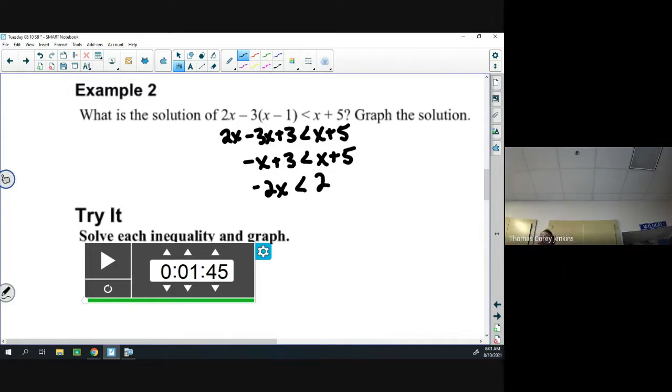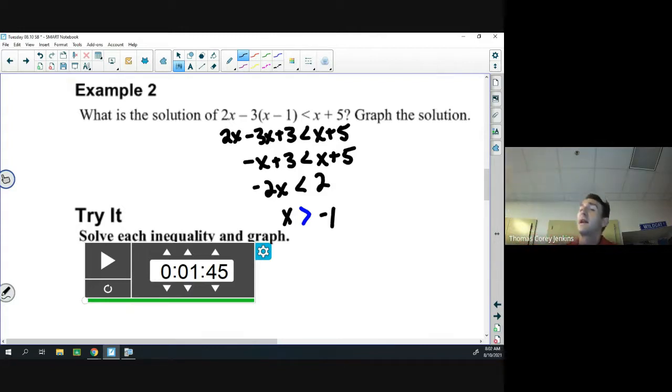And again, if we would have gone the other way there, we would have had negative 2 is less than positive 2x, which would have been fine. But anyways, we'll go ahead and divide here. And as soon as you divide by a negative, I say that's got to be your first thought. Go ahead and flip that symbol. And then we get 1x is greater than negative 1.